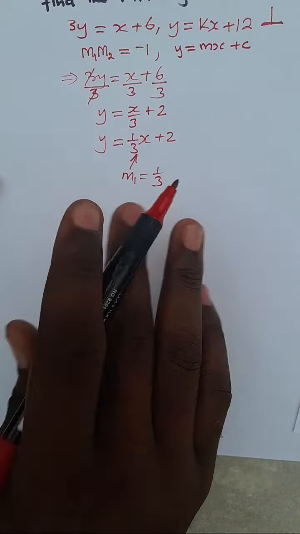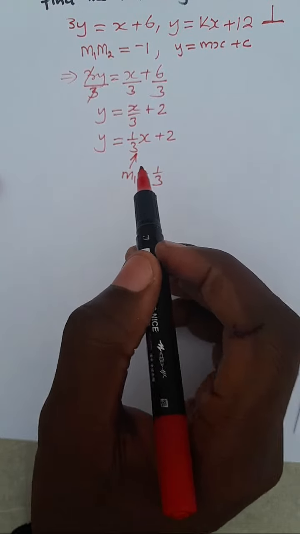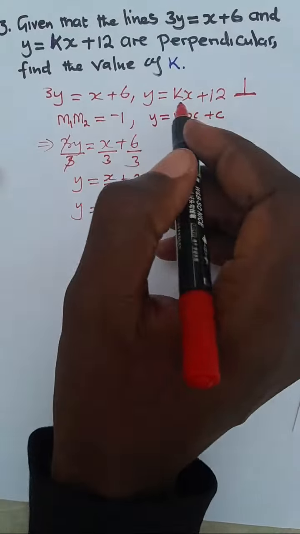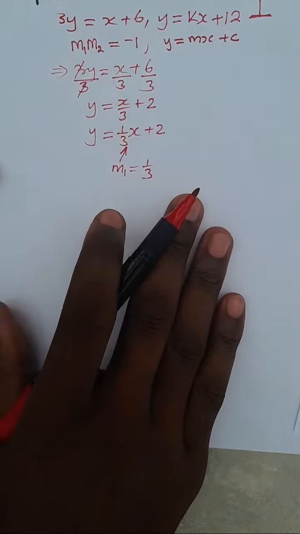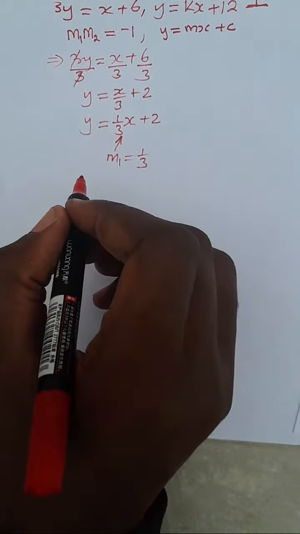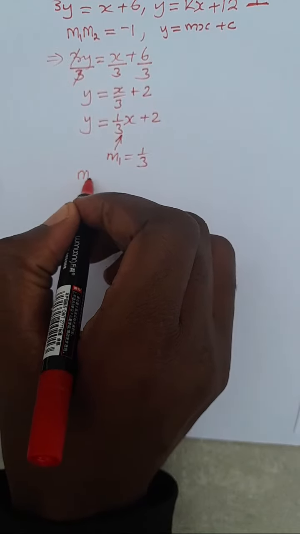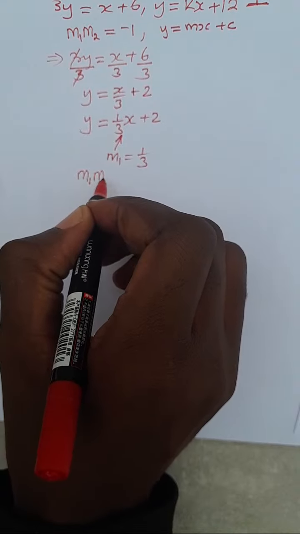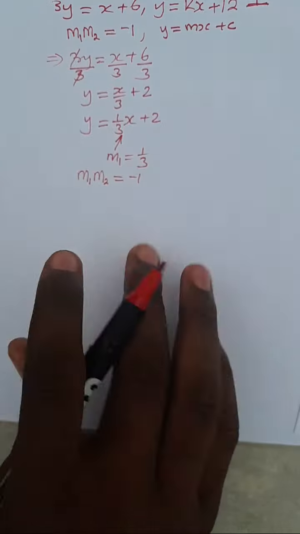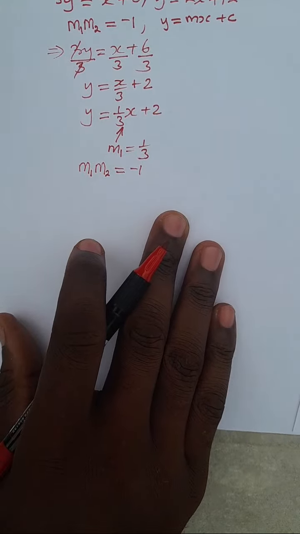To find the gradient of the second equation, which is the k that we are looking for, we say the gradient of the first equation times the gradient of the second equation should give -1.